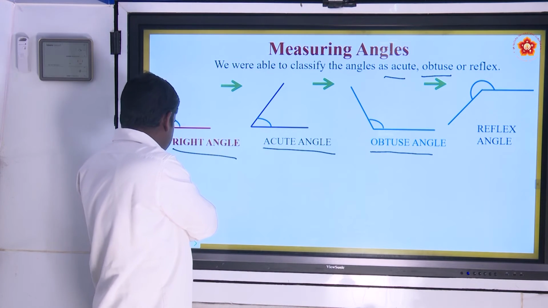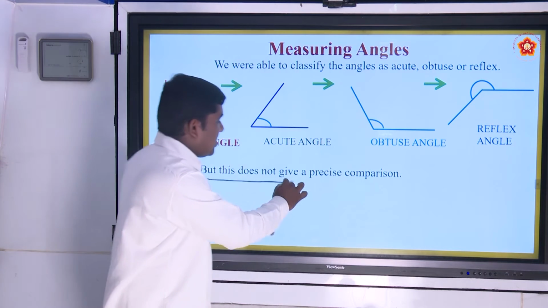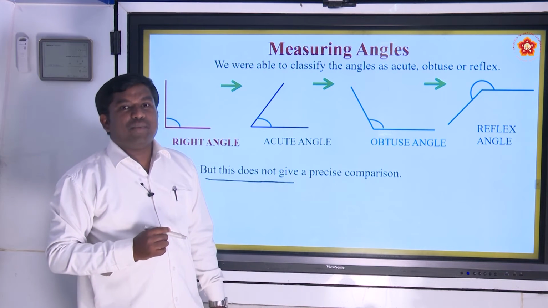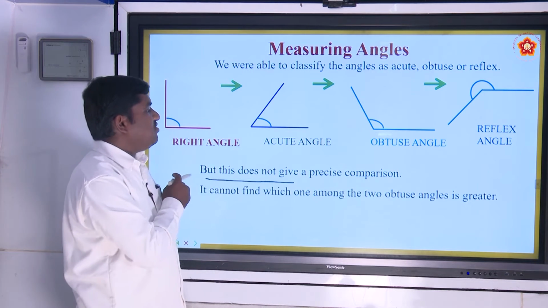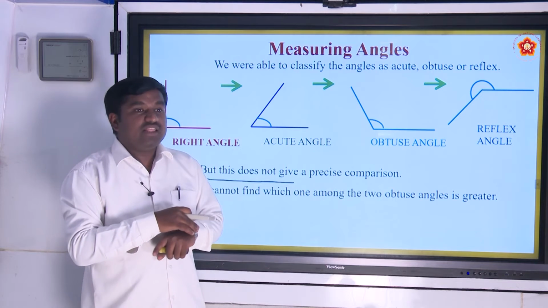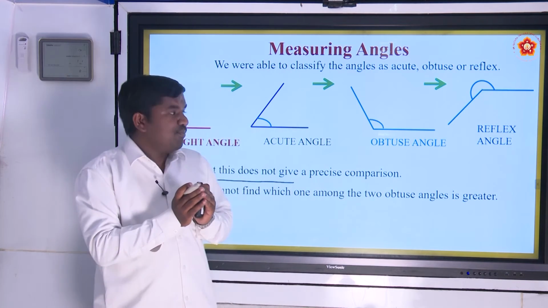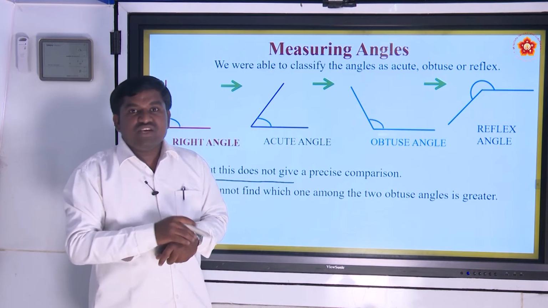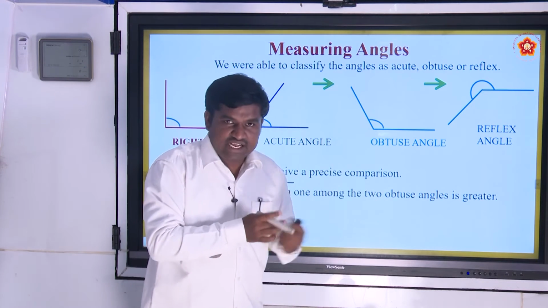But this does not give a precise comparison. Suppose we have two acute angles. Now we fail to compare between two acute angles, which one is greater. Or suppose we have two obtuse angles.